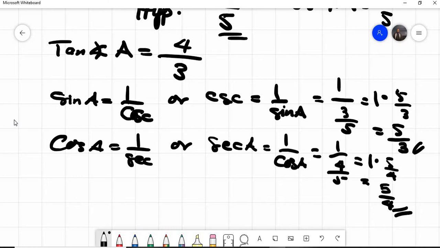Now we must do cot, which is related to tangent.